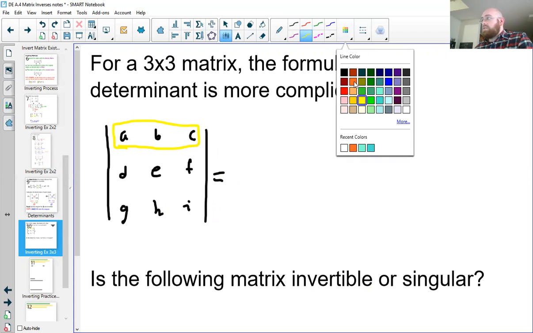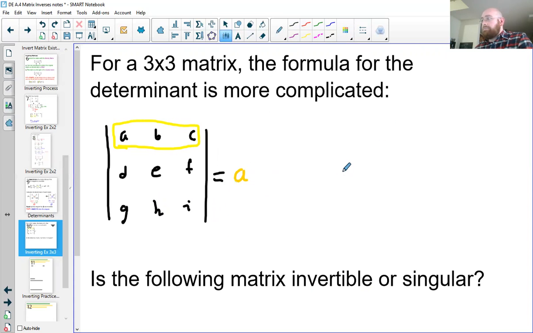And so we're going to have A minus B plus C, but there's one other thing that's going to happen.